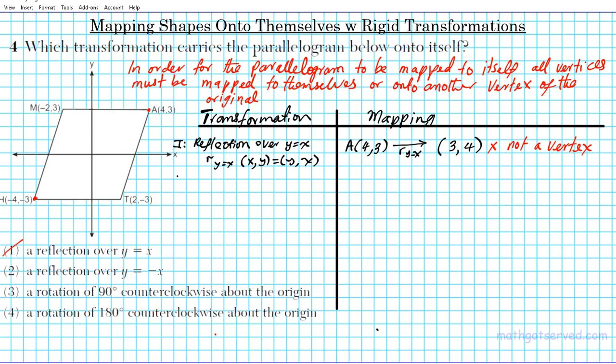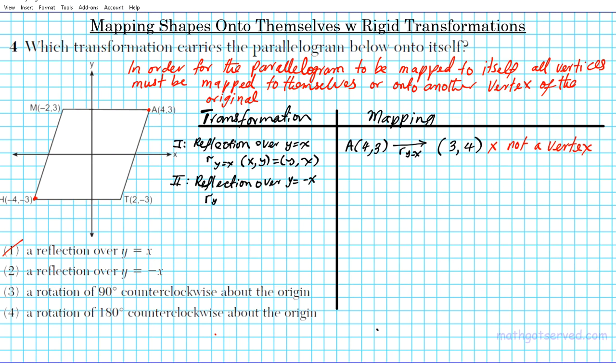Moving on to the next one, option 2. Option 2 is a reflection over y equals negative x. Now, what's the formula for that?